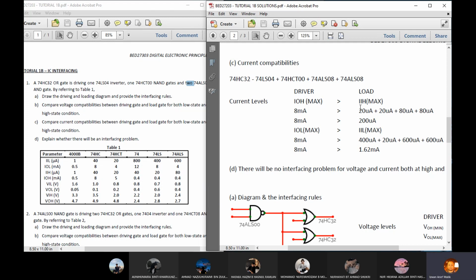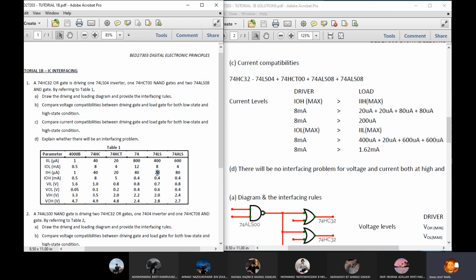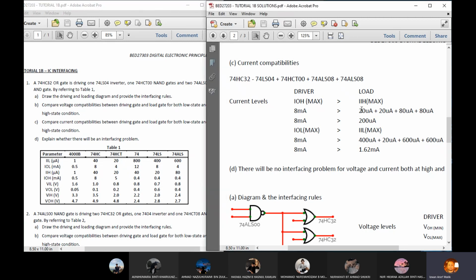Okay, so now we look into IIH of 74LS, which is 20 microampere. 74HCT is 20 microampere as well. And 74ALS is 80 microampere. So the value of the total IIH for these 4 gates is 20 plus 20 and then plus 80 microampere.